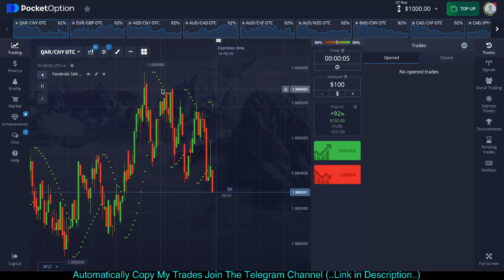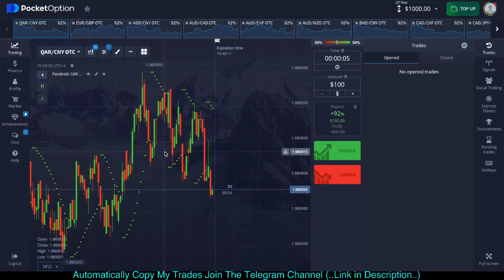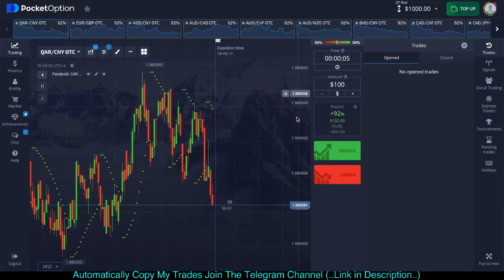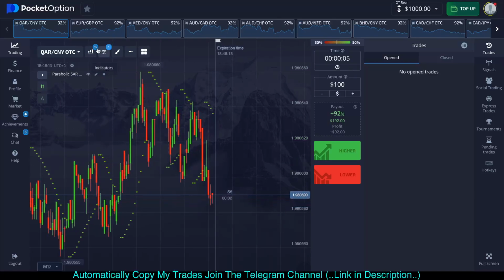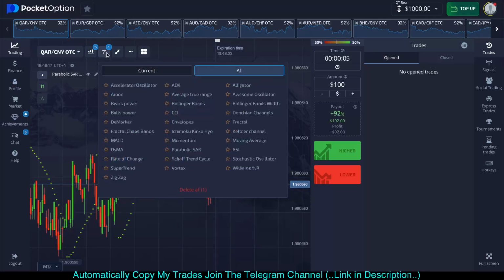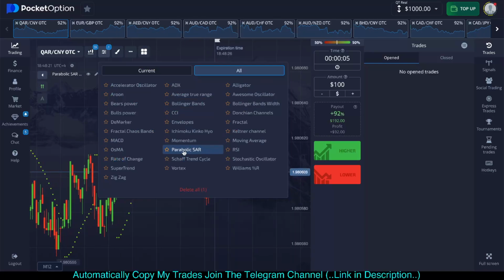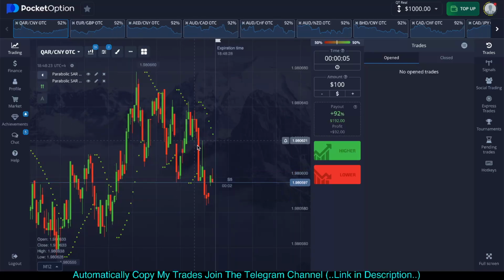Now your candle is of 5-second time frame, and your trading time frame is also 5 seconds. Now simply come here and see where the parabolic SAR indicator is. Just click on that parabolic SAR indicator, and it will be implemented in this way.